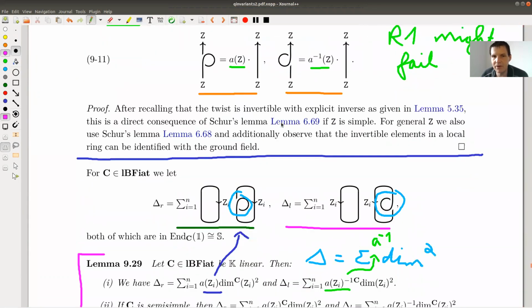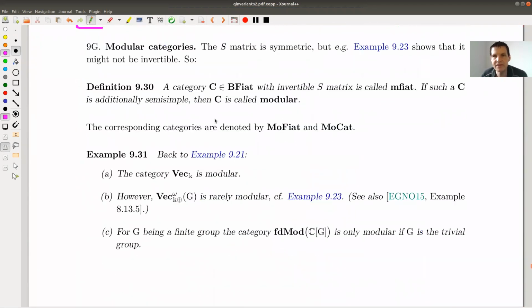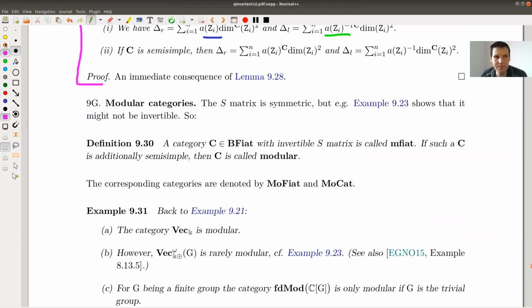So let's see how we can distinguish things. The definition is, if S is invertible, then we are happy, and we call it modular. Semi-simple plus invertible S matrix is modular, and they're denoted by mocat, for example.